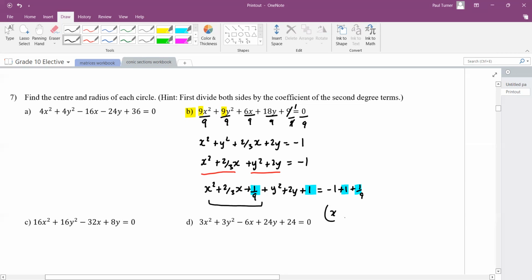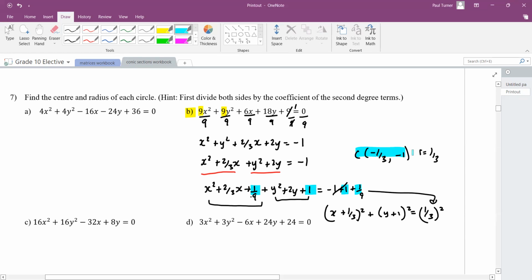So x plus the square root of 1 on 9 is 1/3 squared. Now, completed square here, we would write as y plus 1 squared. That -1 and 1 will cancel to give 1/9, which is 1/3 squared, isn't it? There. So now our center will be -1/3, -1, and the radius will be 1/3. This number in here. So that's your answer for question 7B.